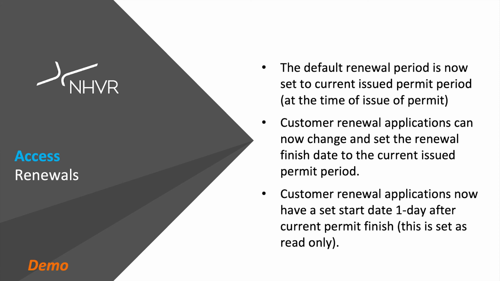So what we've done is change the defaults to help improve the access permit renewal process and leverage particularly those consents which are for longer periods. I'll give you a demo of what that actually means now.